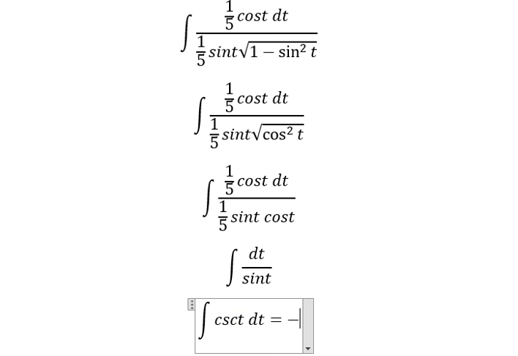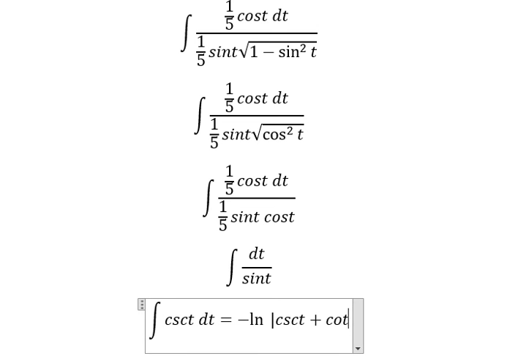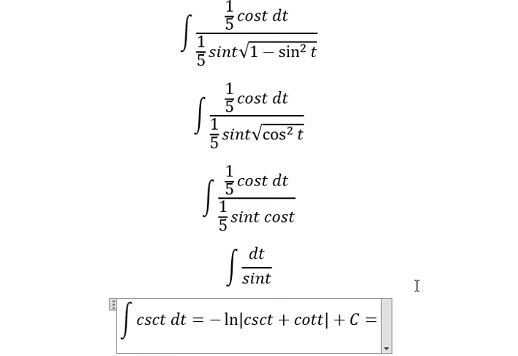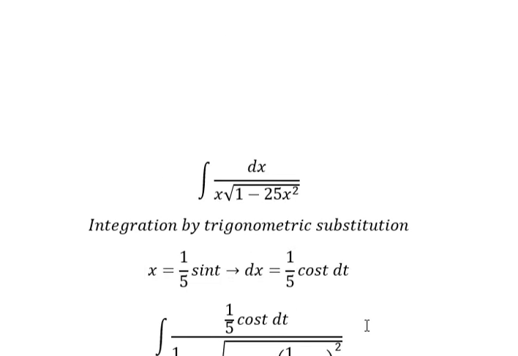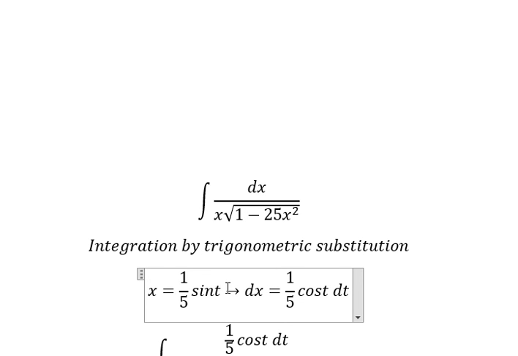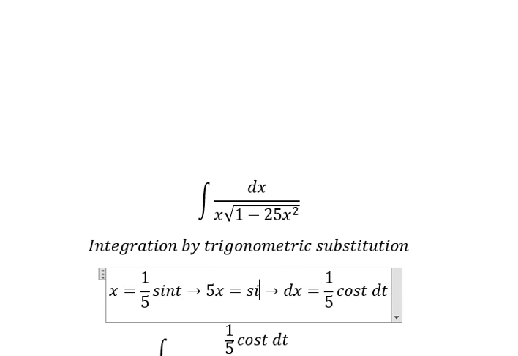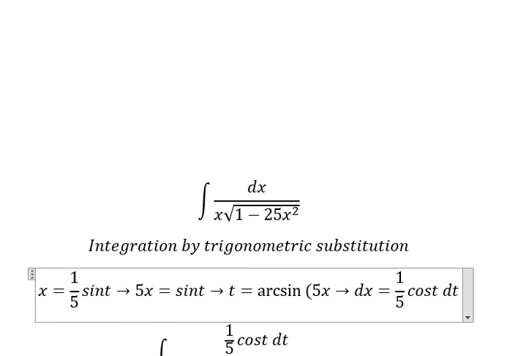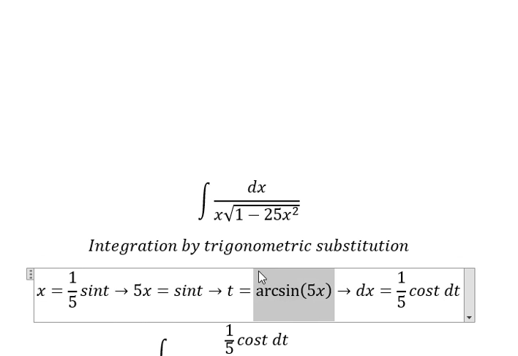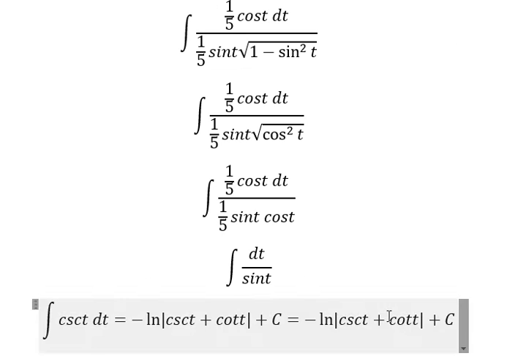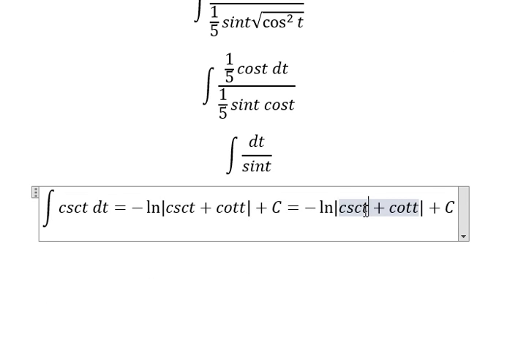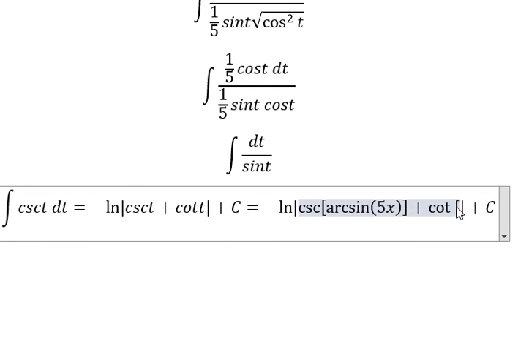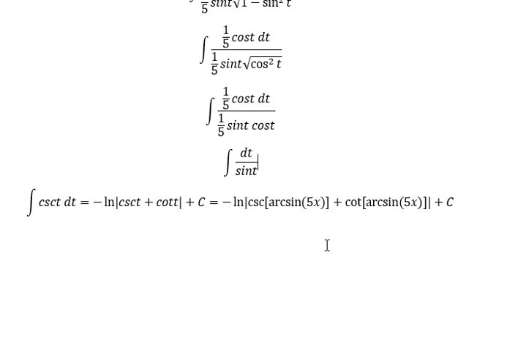And you get negative ln of the absolute value of cosecant of t plus cotan t, and we put c. About t, that is this one. So we multiply both sides by number 5. And you get t equal to arcsine of 5x. So I will put this one in for t. And this is the final answer.